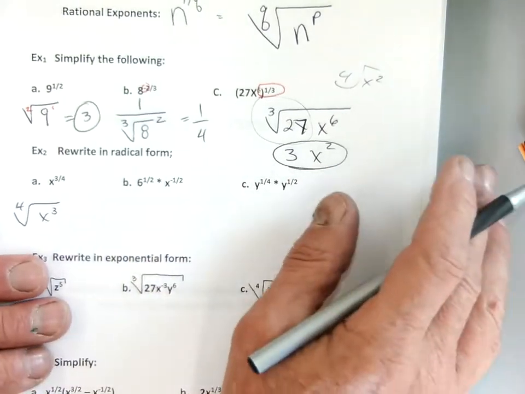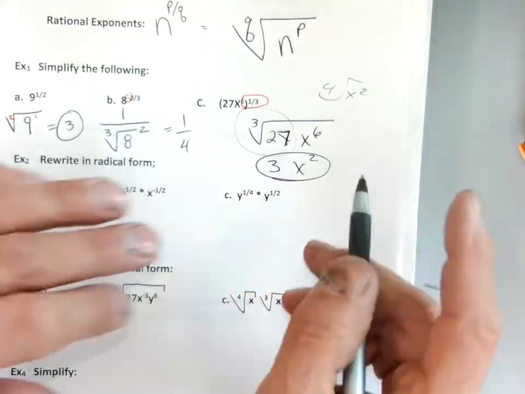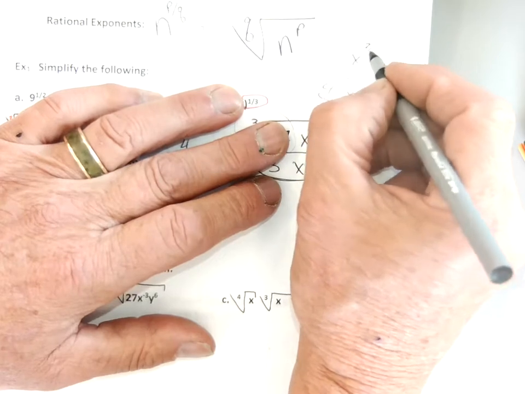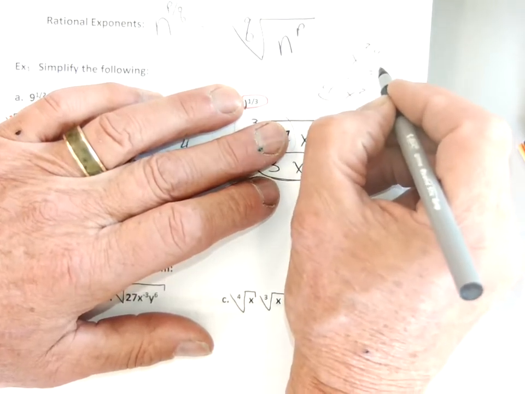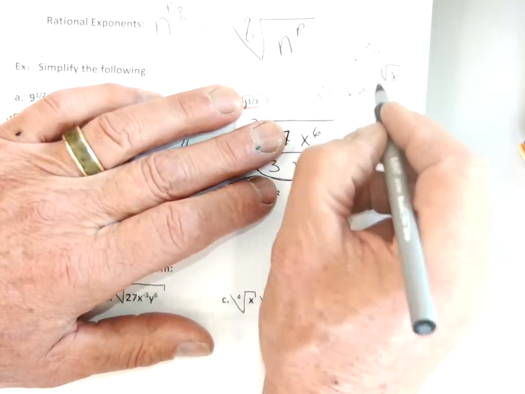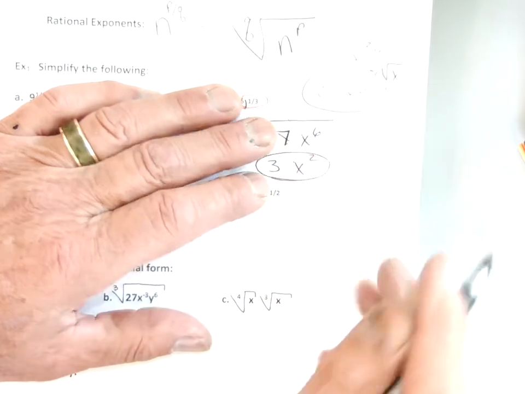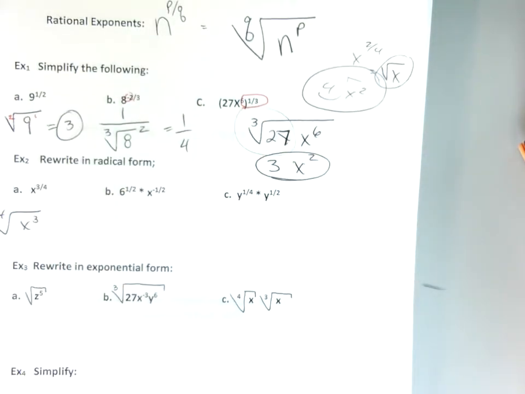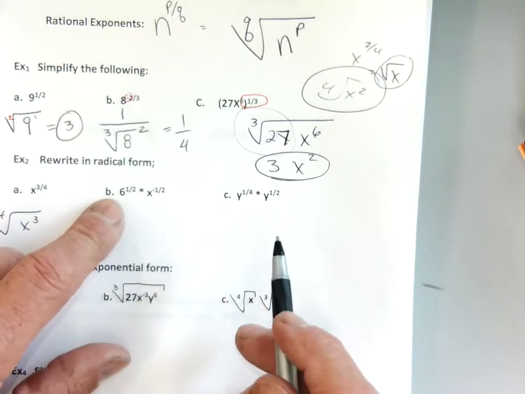Yes, and that happened. Really good question, because you're going to see that in your homework today. That's the same as x to the 2/4, which is the same thing as square root of x. This and this are the same thing, because you reduce 2/4 into 1/2, right, Lauren? Good answer.